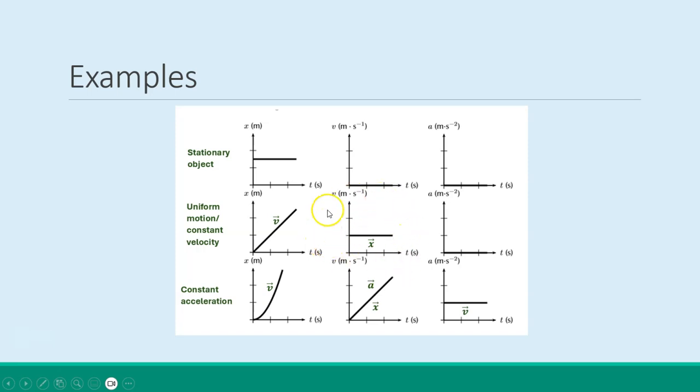The velocity time graph for uniform motion obviously has a constant velocity, so it is a horizontal line. And I like to put an X beneath it to remind me that the area under the VT graph will give me the displacement. And because the velocity is constant, the acceleration is zero.